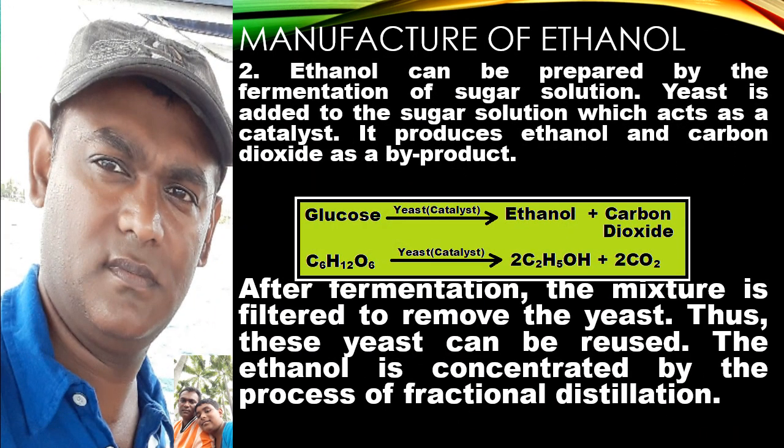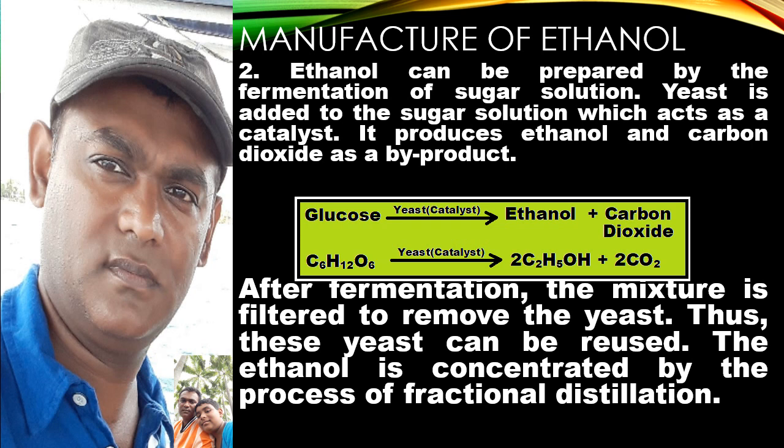And another way to manufacture ethanol is the fermentation process of sugar solution. Ethanol can be prepared by the fermentation of sugar solution. Yeast is added to sugar solution, which acts as a catalyst. It produces ethanol and carbon dioxide. Carbon dioxide is a byproduct of this reaction.